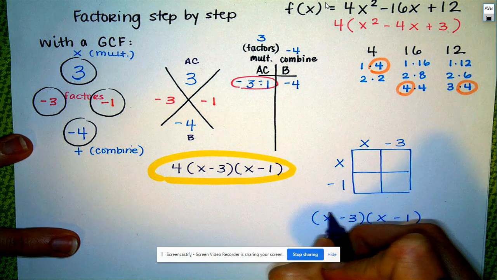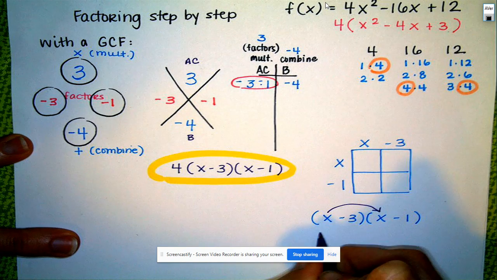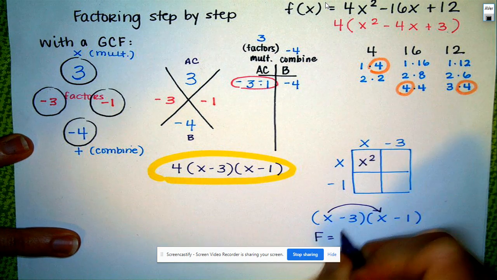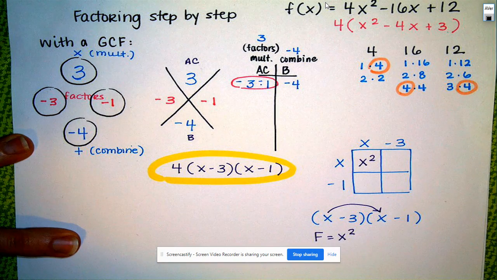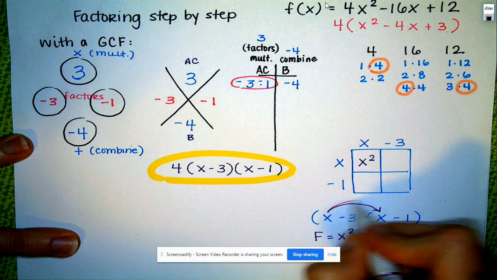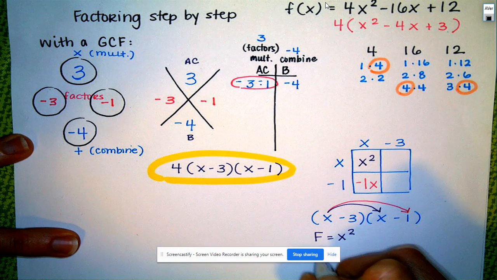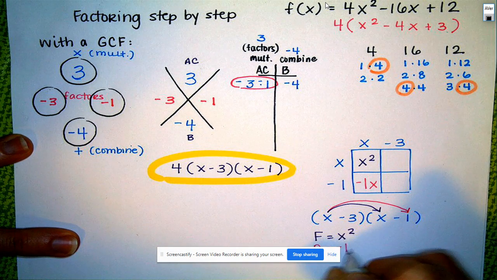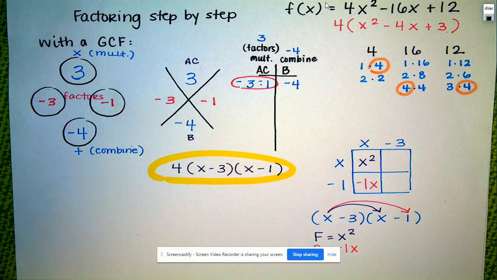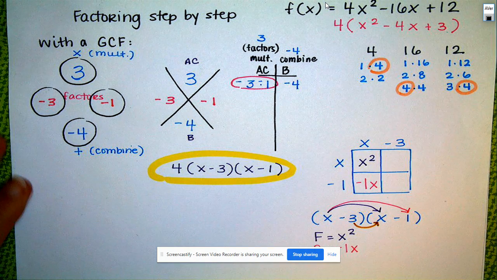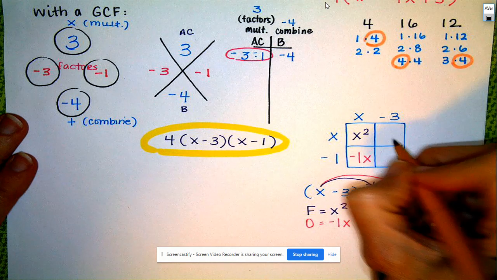So first is x times x, which is x squared. Outer, so x times a negative 1. It's going to give you a negative 1x. So that's our outer. And then inner, so that negative 3 times x will give us a negative 3x.